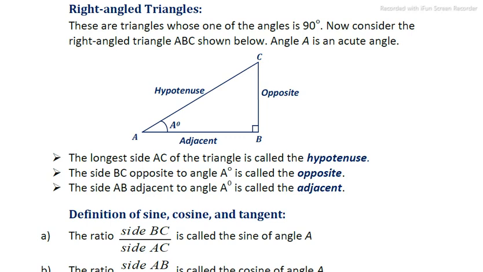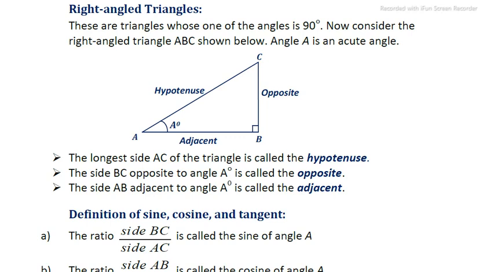We have the sides of triangle ABC, whereby the base of the angle, or where the acute angle sits, that is angle A, is what we call the adjacent.